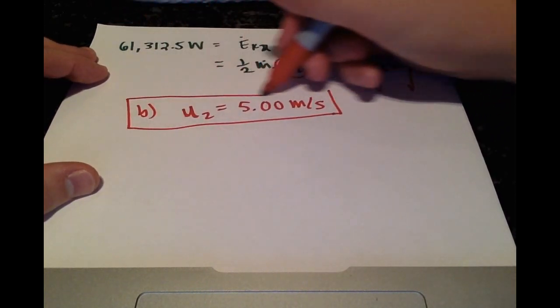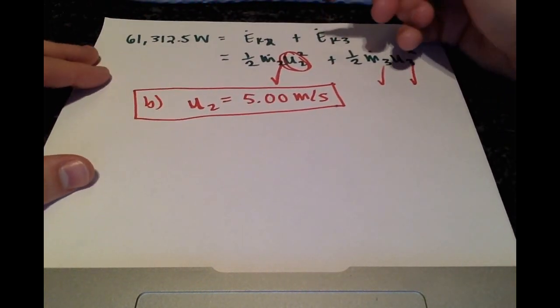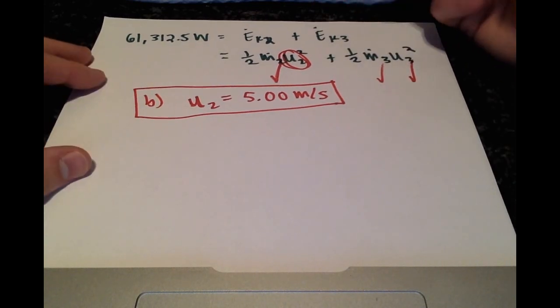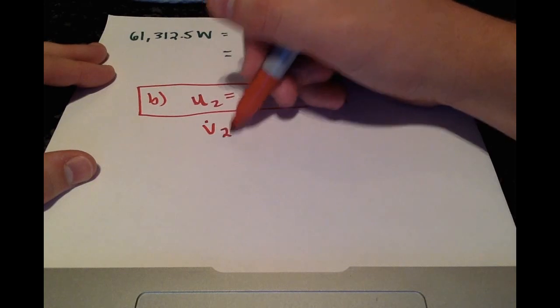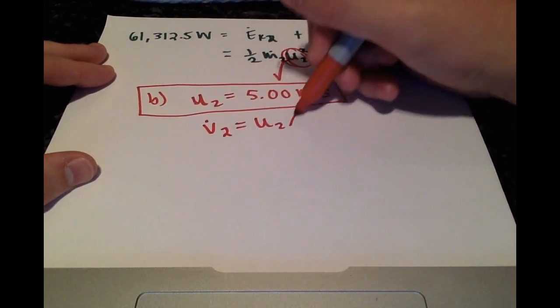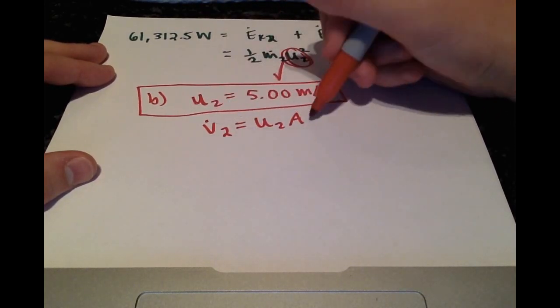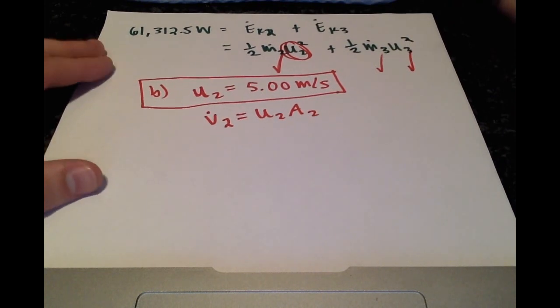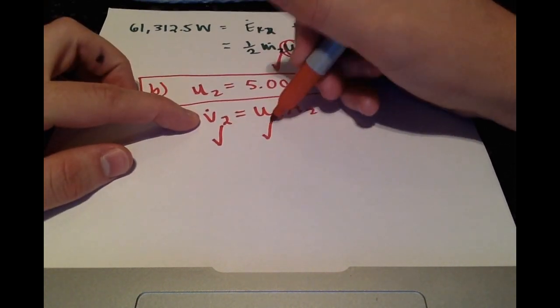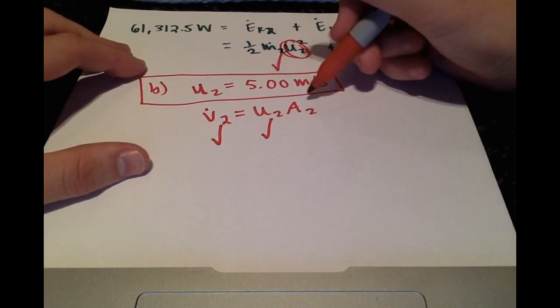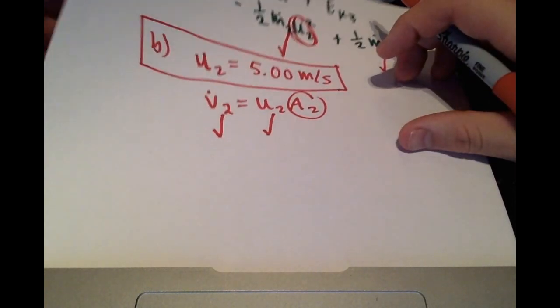And our last part, part C, they want to know what the cross-sectional area of pipe 2 is. And we can use the relationship V2 equals U2 times A2. And now that we have both the volumetric flow rate and the linear velocity, we can get the cross-sectional area.